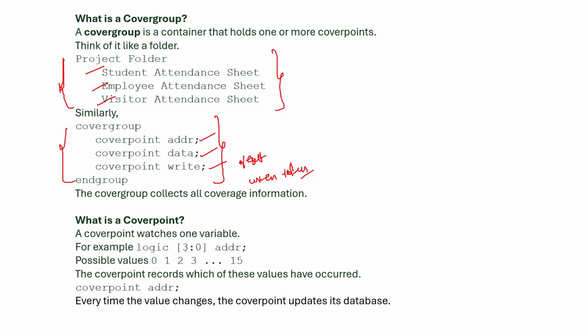It samples that behavior and gives you the coverage. In a simple way, a cover point watches one variable, like address, and whether all the possible scenarios are there or not, it samples and records that. Cover point records which of these values occurred, how many values occurred, and whether each and every value occurred or not. That is the cover point. Clear?